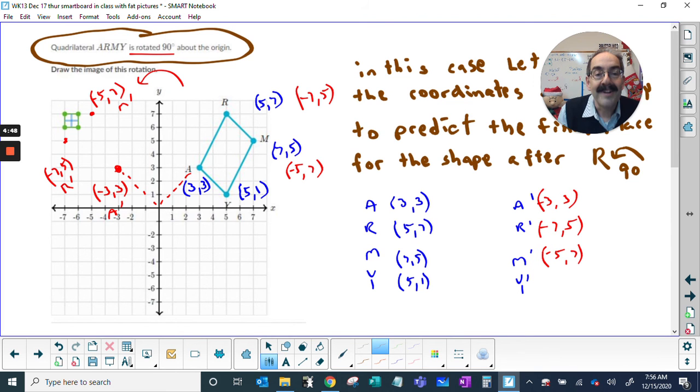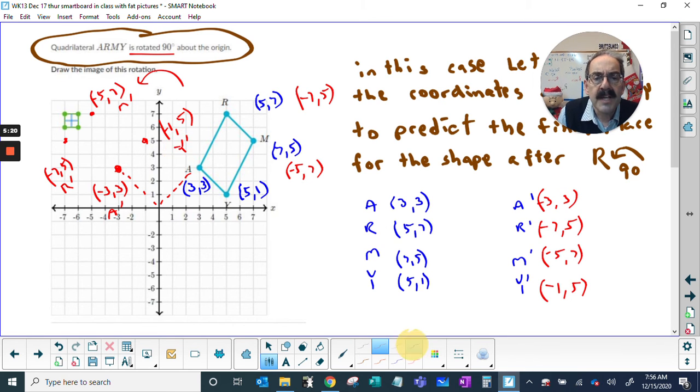Last one. 5, 1. 5, 1 is going to have to go up high, isn't it? So negative 1, 5. So my whole goal was to just show you that there is a pattern also in the numbers. Negative 1, positive 5, and that's going to be Y prime.